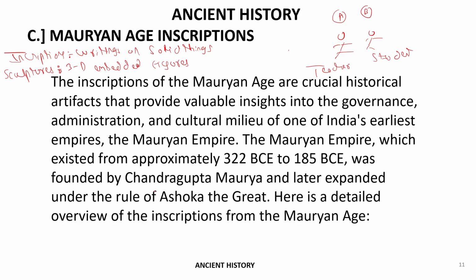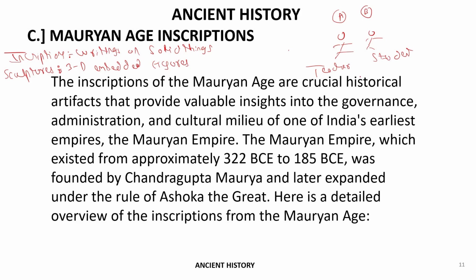So inscriptions are the writings on solid things, maybe the rock, maybe the wall, maybe the iron pillars, whereas the sculptures are the 3D embedded figures. Maybe the statue and maybe some paintings which are 3D in shape.